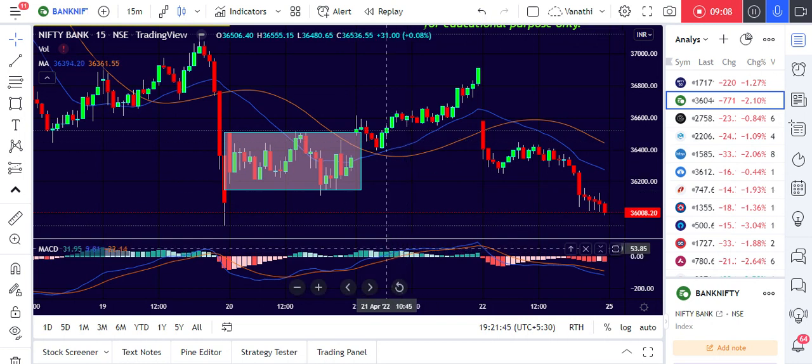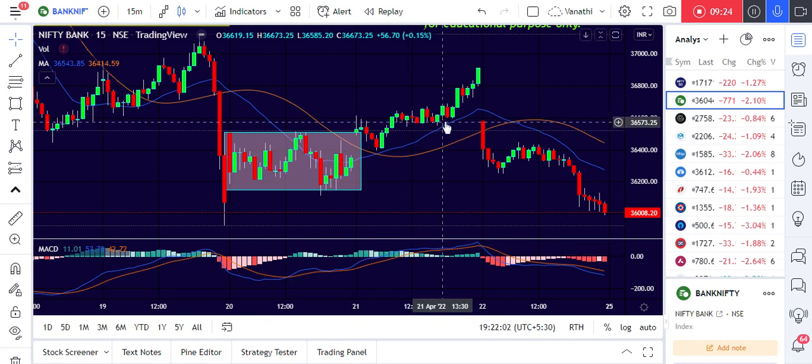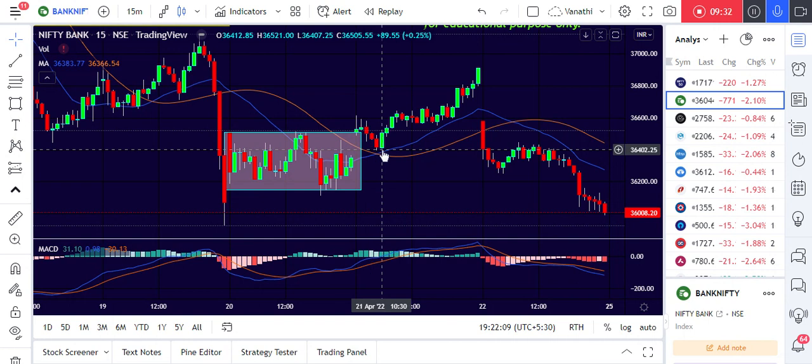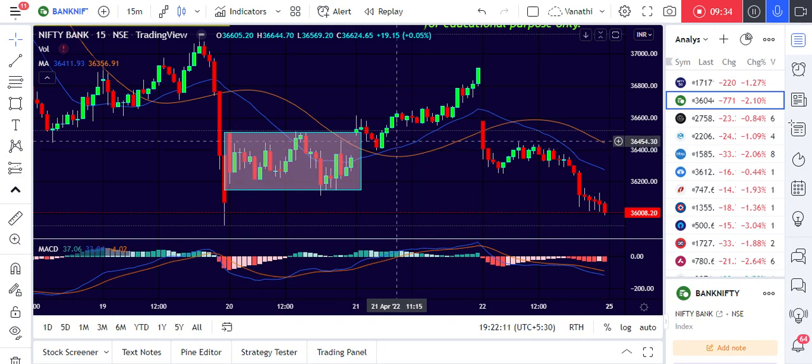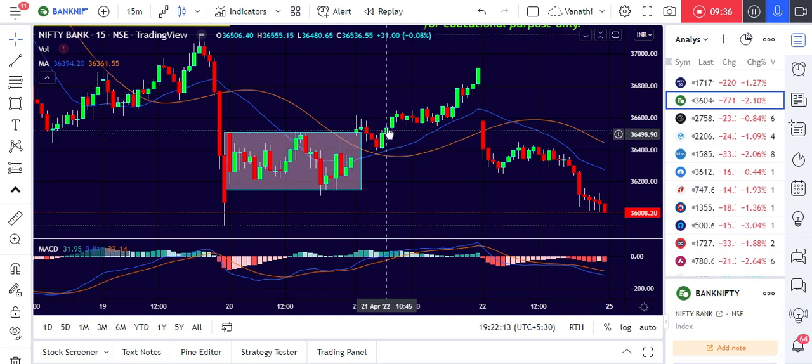The histogram was green from here itself, so we are waiting for the signal. The price has consolidated here, so we take entry once it gives a breakout, or when the price takes support at this line, once the MACD is above the 0 line.